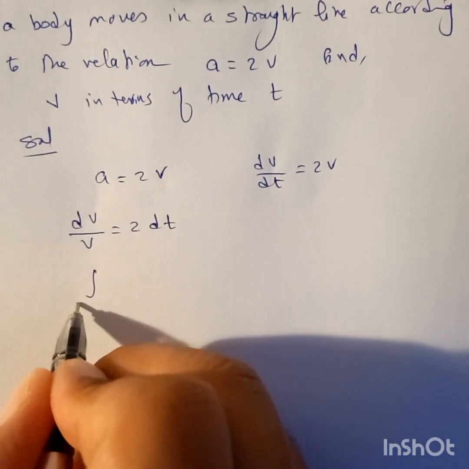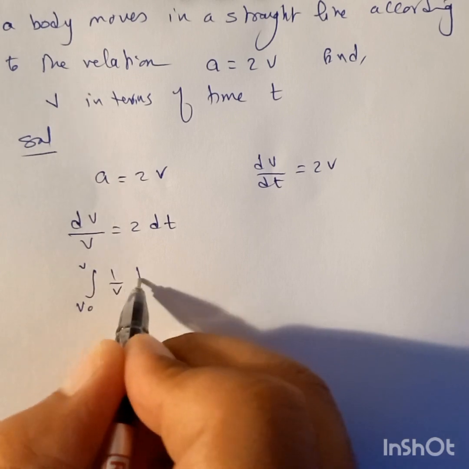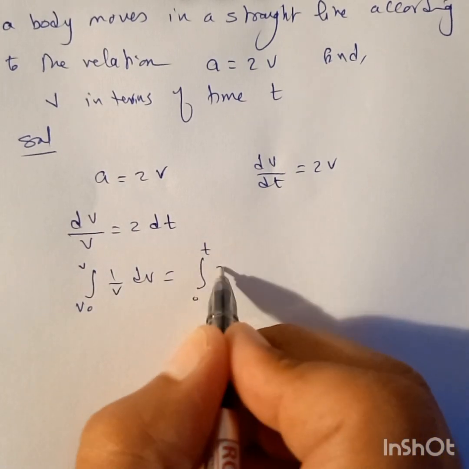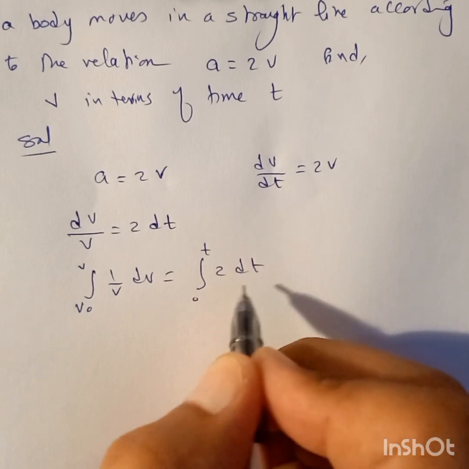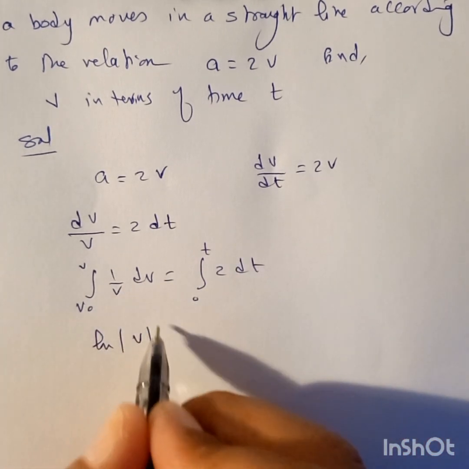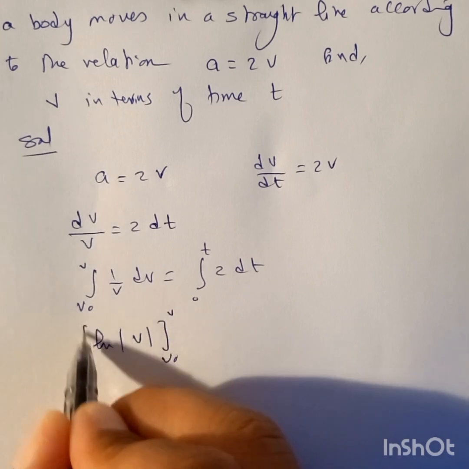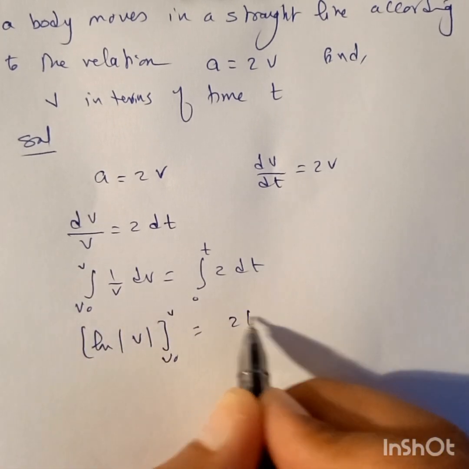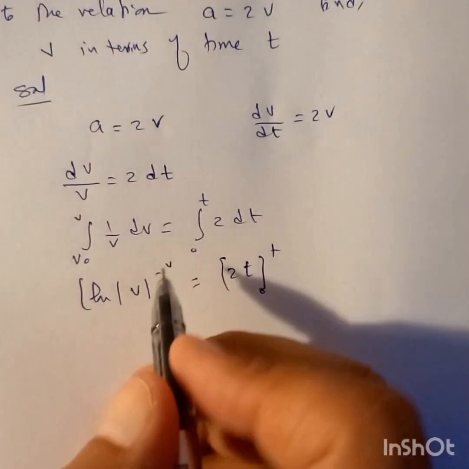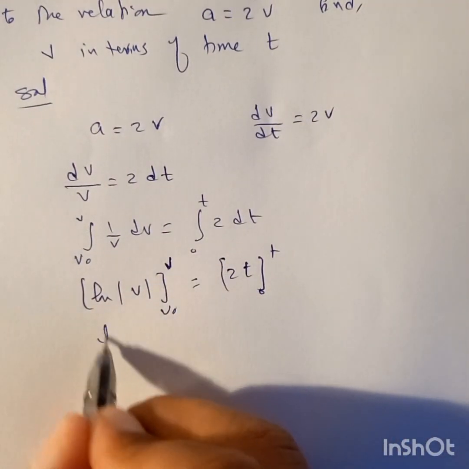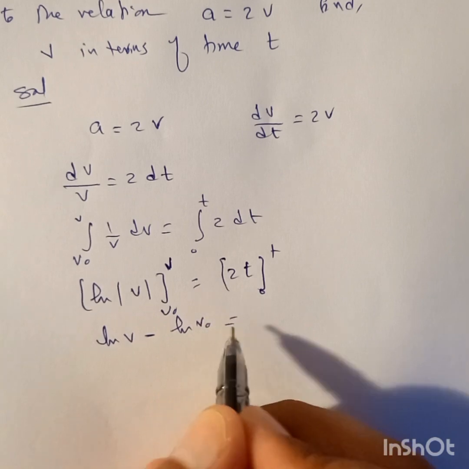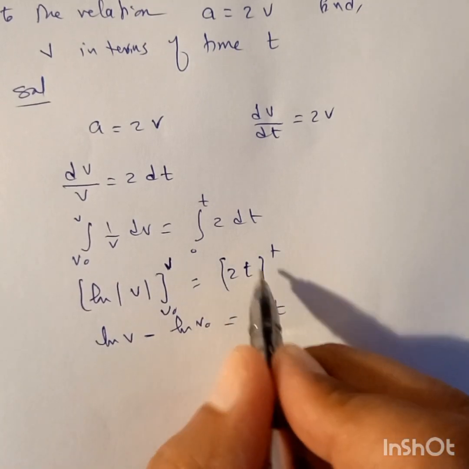Then we have the integral from v naught to v of 1 over v dv equals the integration from t equals 0 to t of 2 dt. Then we have ln v, from v naught to v, equals 2t from 0 to t. Then we have to substitute by v. First we have ln v minus ln v naught equals 2t minus 0, of course.